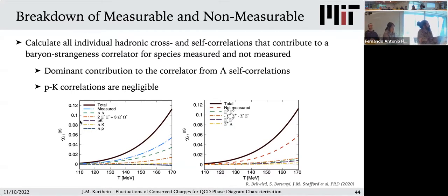Yeah. So the proton kaon correlator, for example, is a negligible contribution. So you can see down here, the purple one, which is, on this scale, almost zero. And yeah, if we look at the not measured one, you can see everything pretty much contributes equally there.